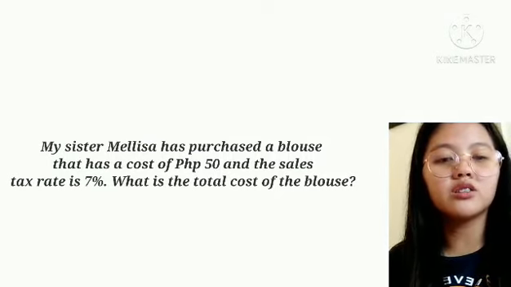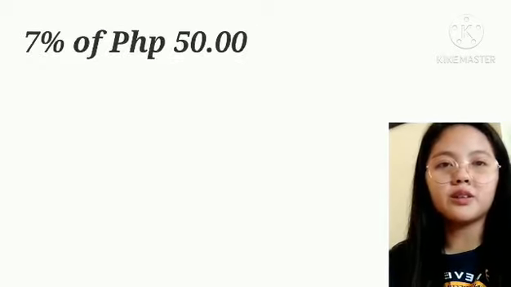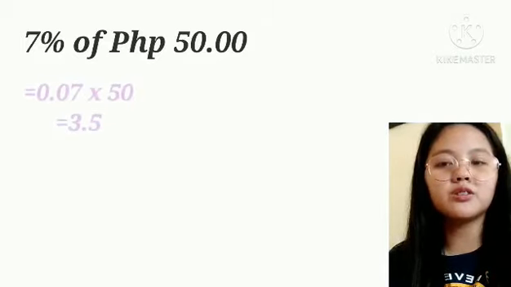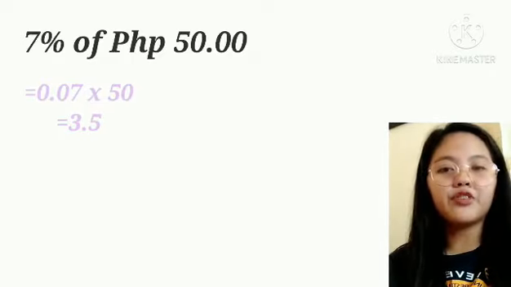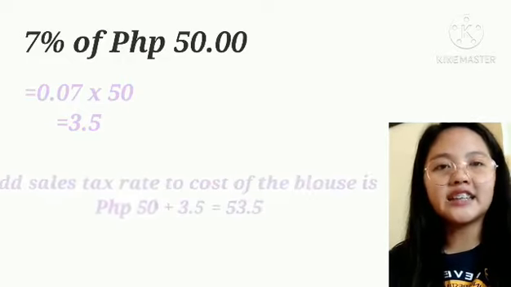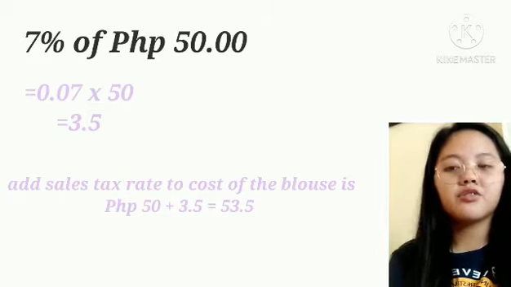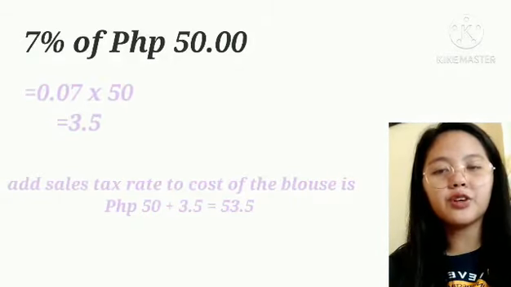What is the total cost of the blouse? 7% of 50 pesos: 7% is 0.07 multiplied by 50 pesos equals 3.5. So add the sales tax to the cost of the blouse: 50 plus 3.5 is equal to 53.5.